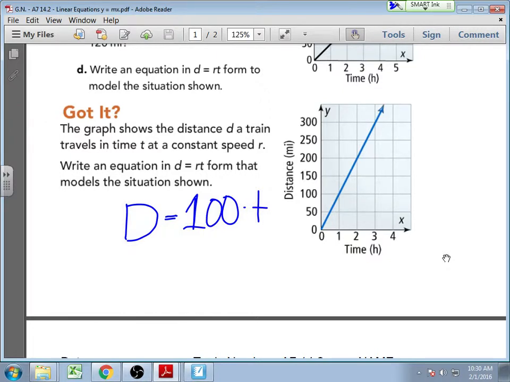When we have a proportional graph, m is y at x equals 1. If I follow where my x equals 1 up to the graph and find out what the y value is, that will tell me what the m, that constant of proportionality, is going to be.